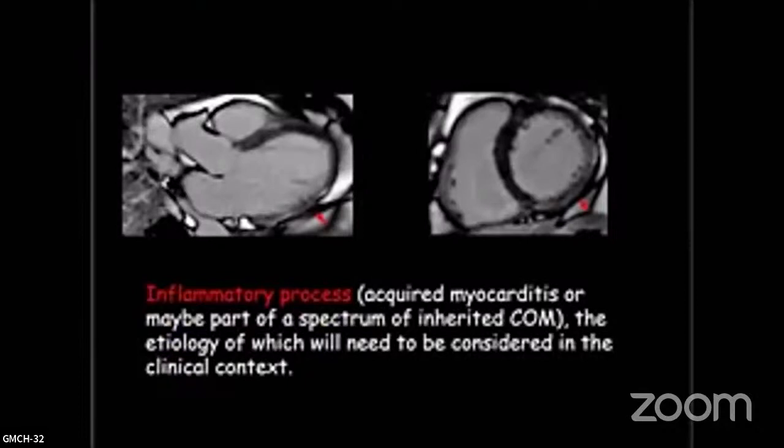The tissue characterization after imaging shows subepicardial scar in the inferior to lateral segments, and in view of this presentation, our possible differentials include acquired myocarditis, or that it may be part of a spectrum of inherited cardiomyopathy conditions, the etiology of which will need to be considered in the clinical context of his family history, and he is currently undergoing assessment.